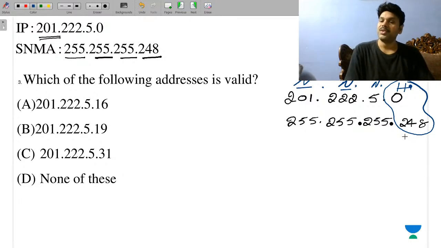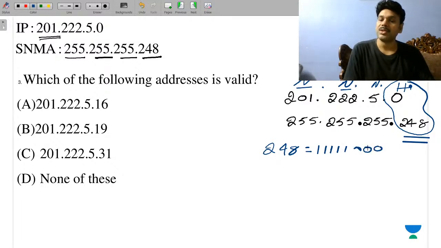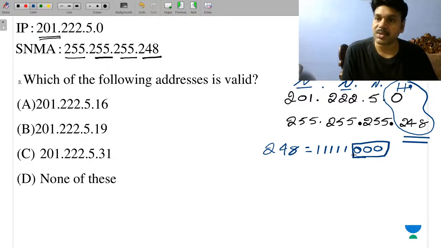Take 248 as the subnetted octet. 248 means 5 ones and 000. That means your subnet size is 3 bits, that is 2 power 3 equals 8 host IDs, so your block size is also 8.